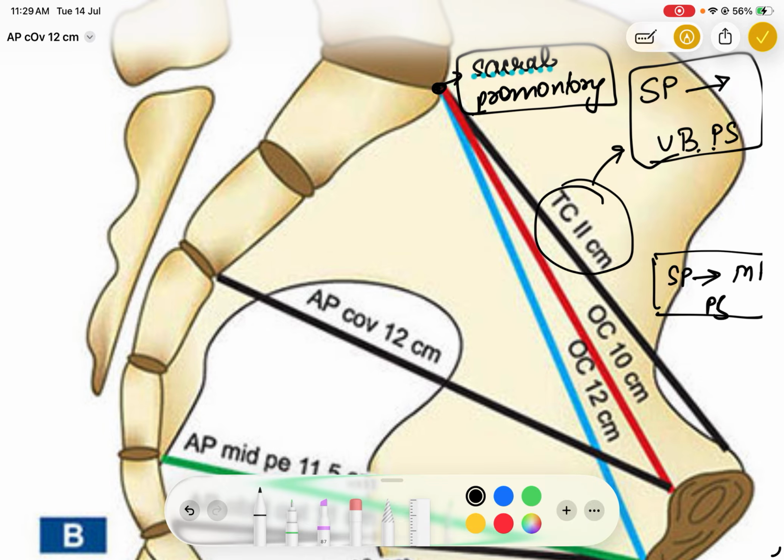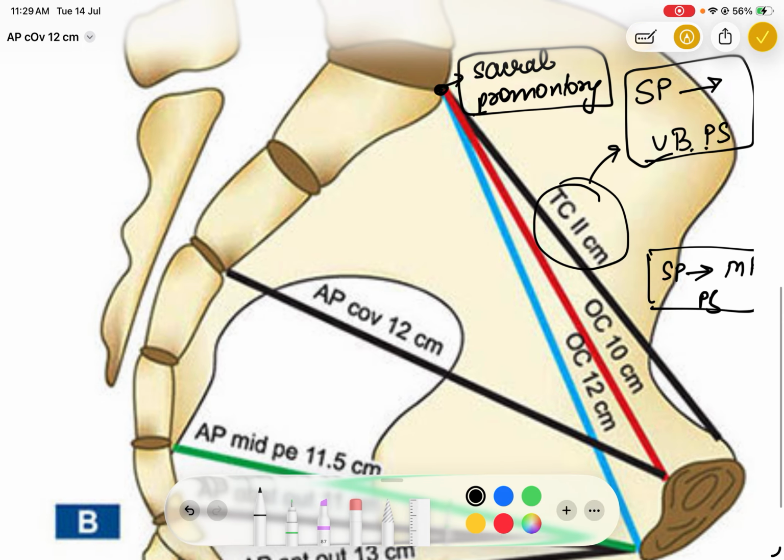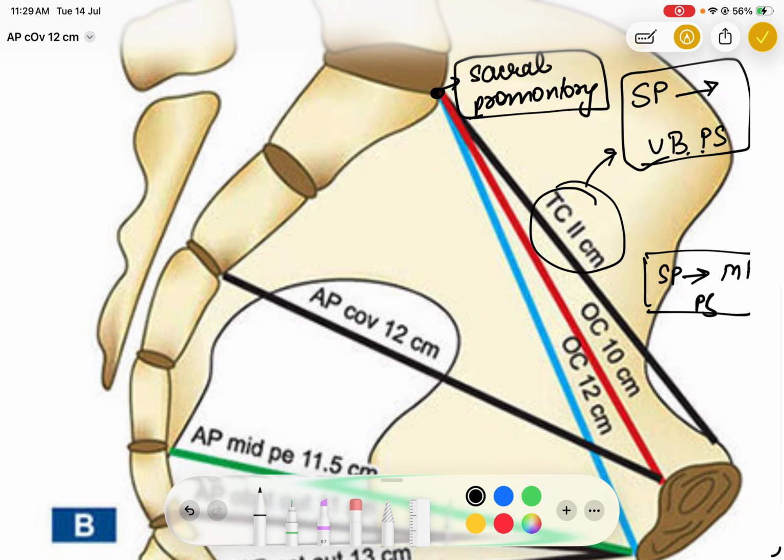Next is the line drawn from the sacral promontory to the lower border of the pubic symphysis, that is diagonal conjugate. This is diagonal conjugate, which is 12 centimeter, and the other is 10.5 centimeter.